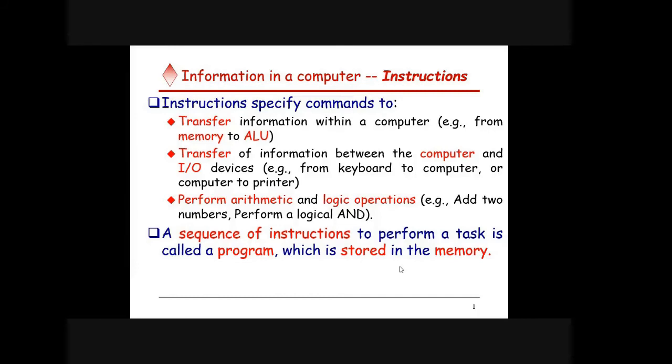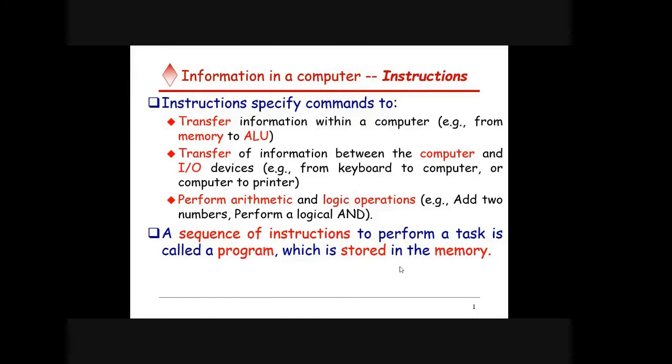And where will these instructions be stored? When we discussed the structure of memory, we discussed that two types of things are stored in memory: instructions and data. So the complete set of instructions in the program will be stored inside the memory.